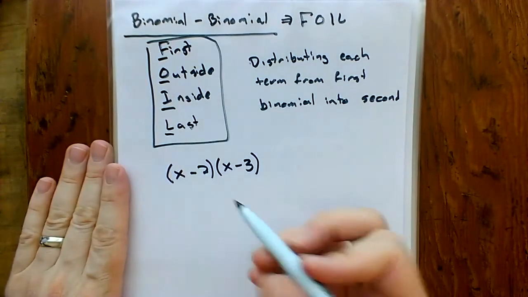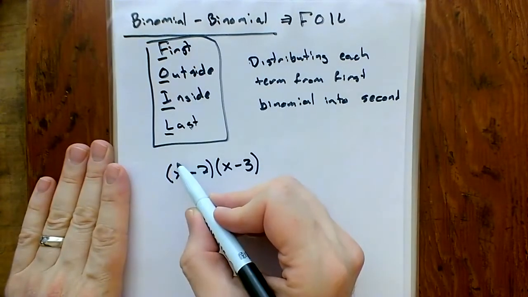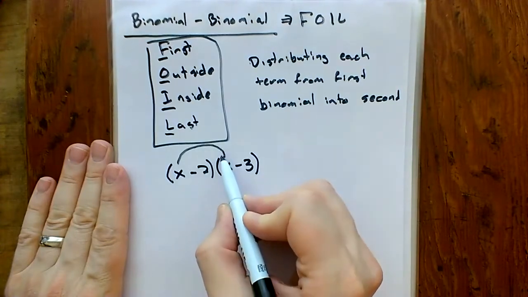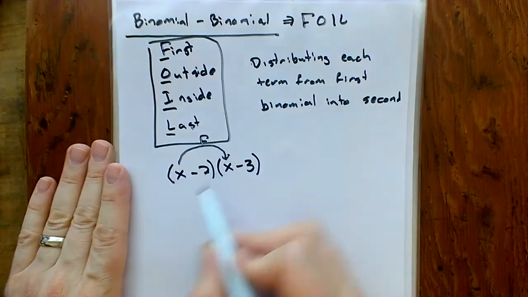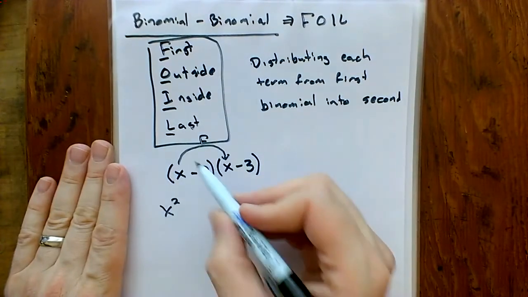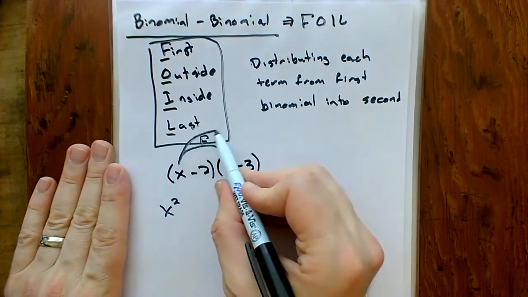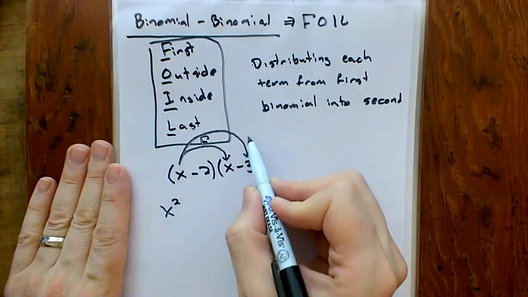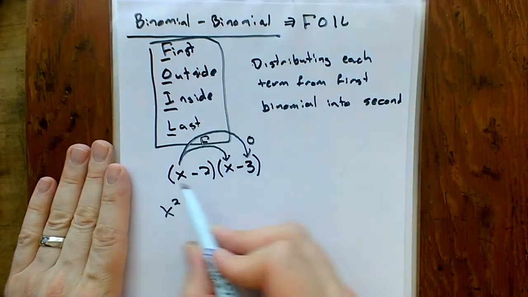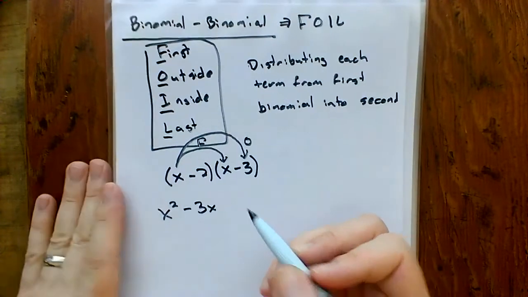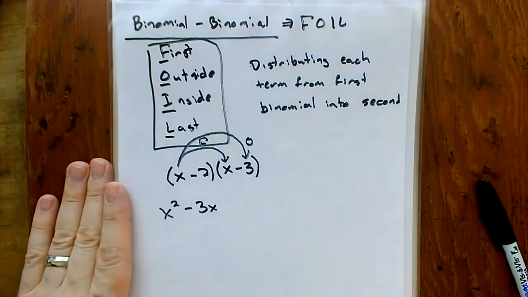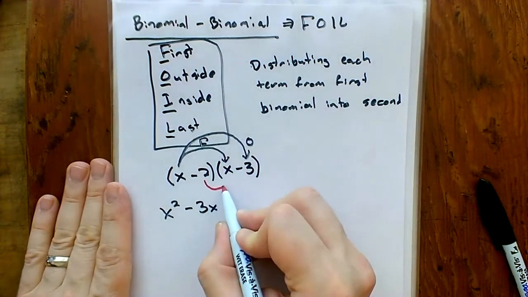Here, when I multiply, this is going to be my first. So x times x is x squared. Then I've got my outside term. X times negative 3 is minus 3x. Now I have negative 2 times x.